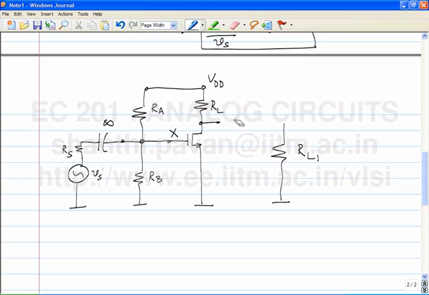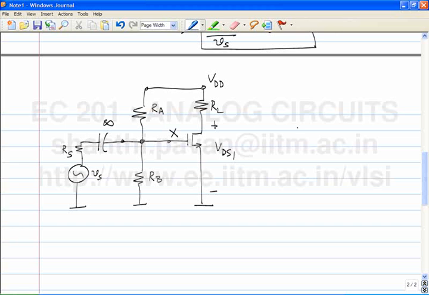You can go through the same argument we went through with the source, which is you can add a battery here whose value is VDS1, okay, and then the DC current flowing through RL1 is 0. Let's say the quiescent voltage between the drain and source is VDS1.